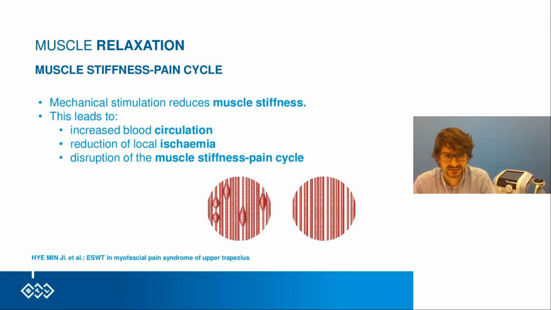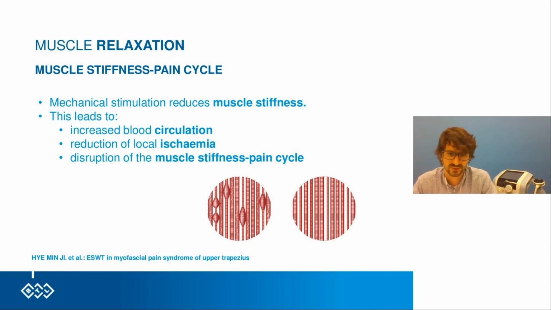And then the last effect, which is especially for the radial shockwave, not so much for the focus shockwave, is how it affects the muscles immediately after the therapy. When it comes to trigger points, for example, you are immediately able to disrupt the trigger points and to relax the muscles.